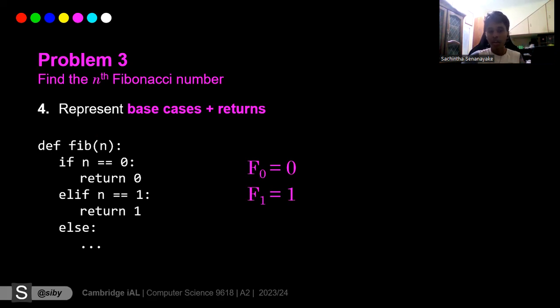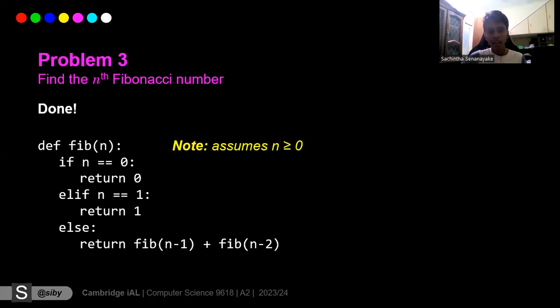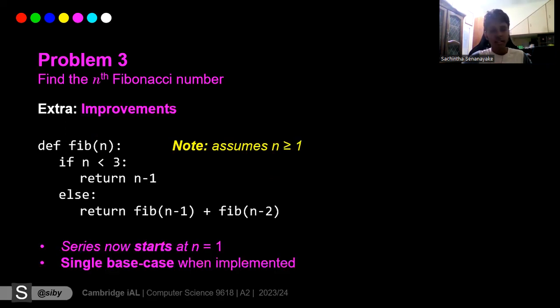And if n is equal to 0, I return 0. And then coming to our recursive case, we simply return fib of n minus 1 plus fib of n minus 2. That's basically what we represented in the equation, but in code. And here also, I assume that n is greater than or equal to 0. Right? That's it.